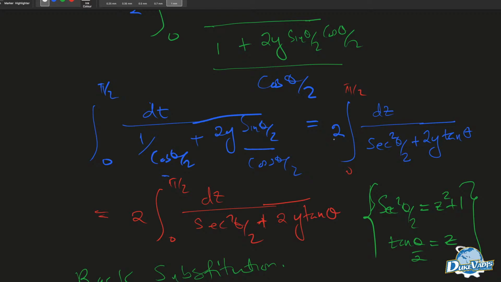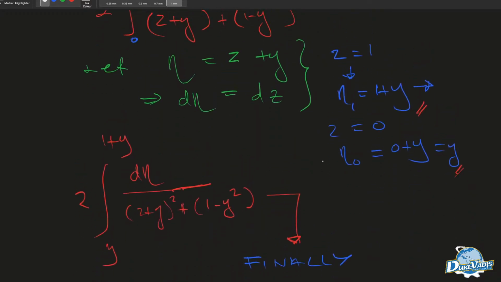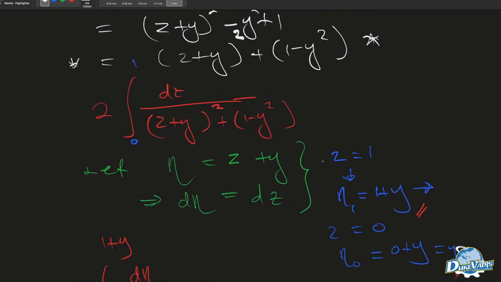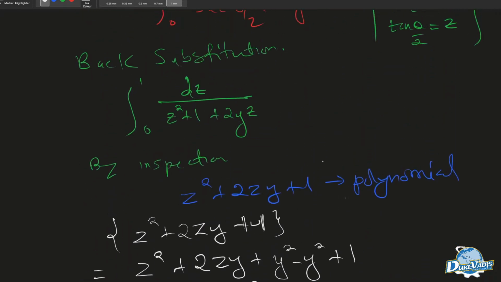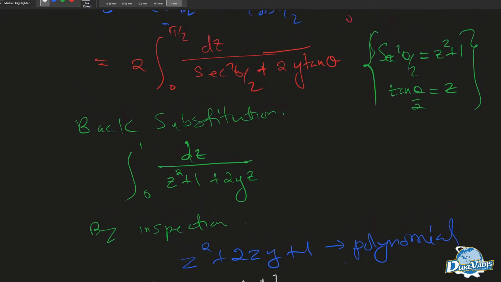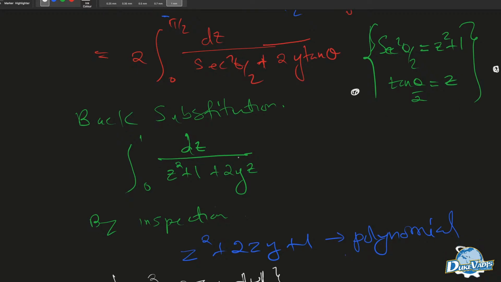Okay, then since we know that sec squared theta over 2 is equal to z squared plus 1, and also tan theta over 2 is equal to z, we did back substitution into the equation.